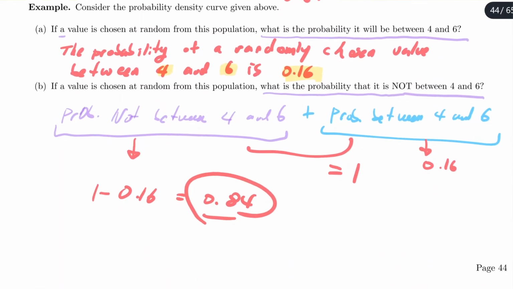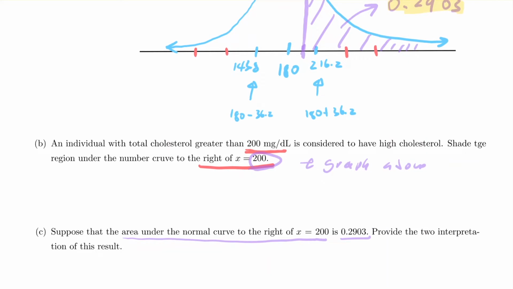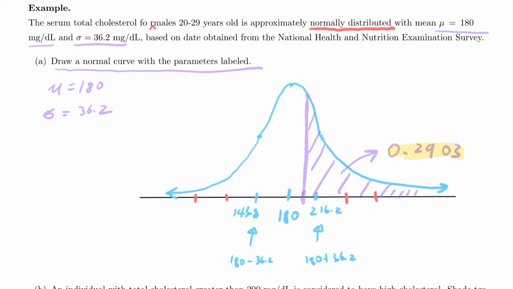Okay. So the two interpretations I'm talking about here are essentially probability and proportion. So what does this mean in terms of the context of cholesterol level? First, let's look at proportion. The proportion of males that are 20 to 29-year-old who have cholesterol greater than 200 is 0.2903.